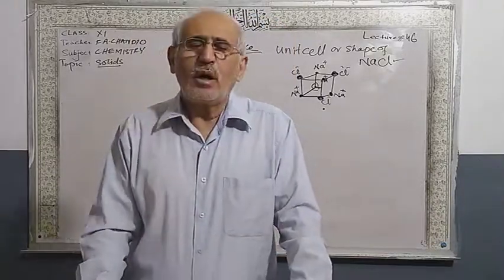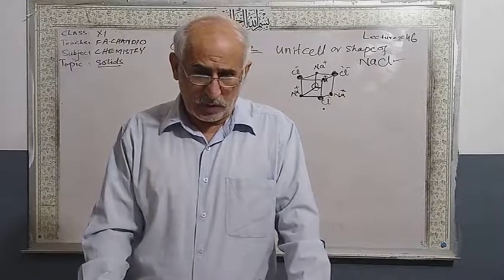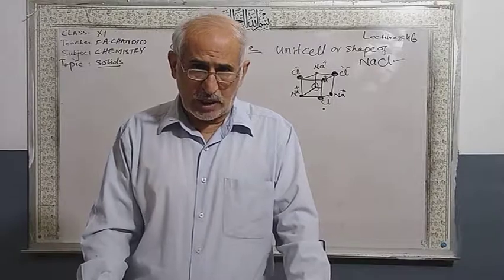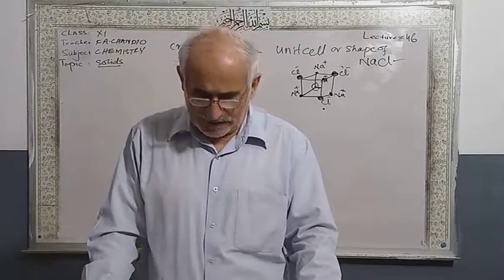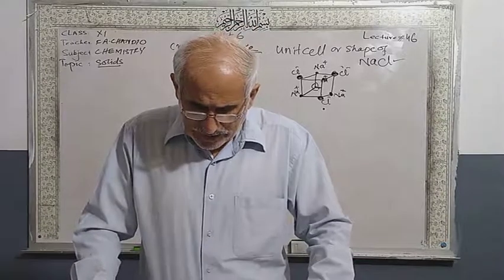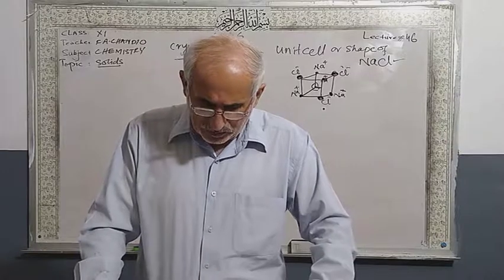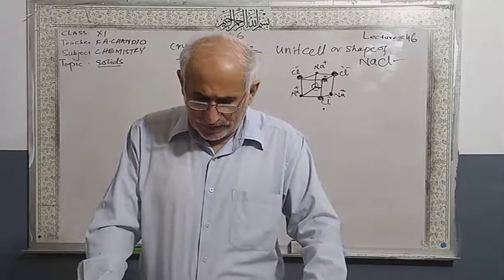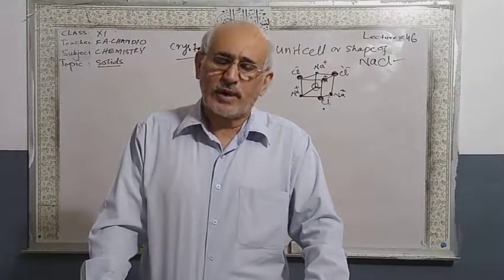We have to also prove that there are 4 formula units of sodium chloride present in 1 unit cell. The unit cell is primarily concerned with the shape of the crystalline substance. Keeping in view the shape, the crystal structure can be identified. Let us take the example of sodium chloride I told you.